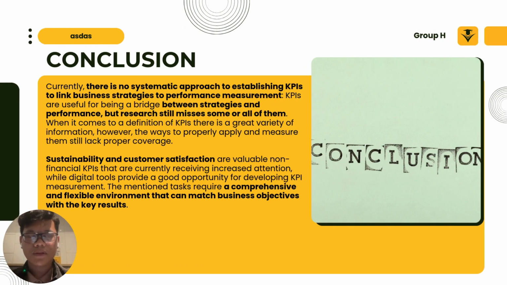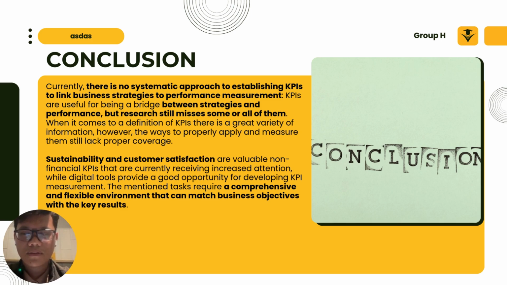For the conclusion, we can conclude that currently there is no systematic approach to establishing KPIs to link business strategies to performance measurement. KPIs are usually useful as a bridge between strategies and performance, but research still misses some or all of them. When it comes to the definition of KPIs, there is a great variety of information.